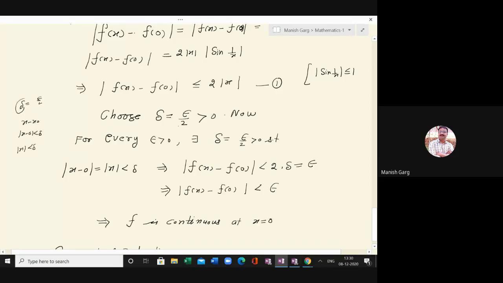So you can choose delta as epsilon by 2. Whatever epsilon you take, you immediately take delta equal to epsilon by 2 and you will get the expression. So for every epsilon, you have found a delta in terms of epsilon such that whenever mod x is less than delta, mod fx minus f0 will be less than epsilon.